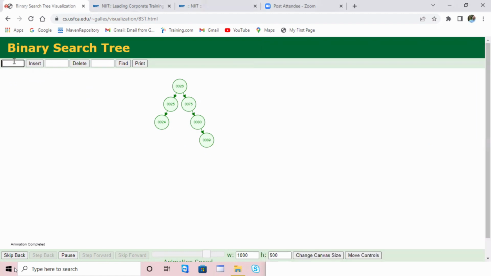Suppose 82 becomes the left hand side of 89. It is the left child. And if it has another child called 95, then 89 now has two children. If I need to delete 89, it will search for the lowest one. So if I need to delete 89, it will push up 82 over here.